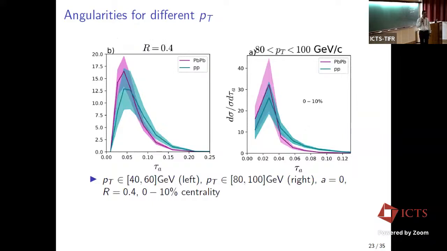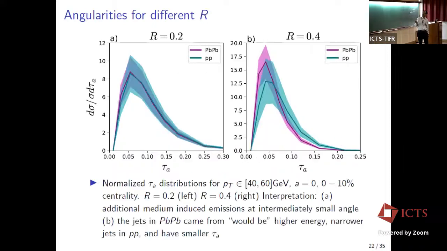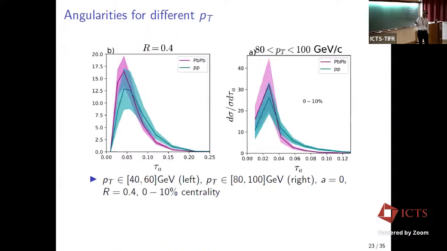Okay, so the second thing that you can look at is how different PT bins fare. So this is once again the same plot as before. So for the PT bin of 40 to 60, you see that the effects are larger if PT is larger.